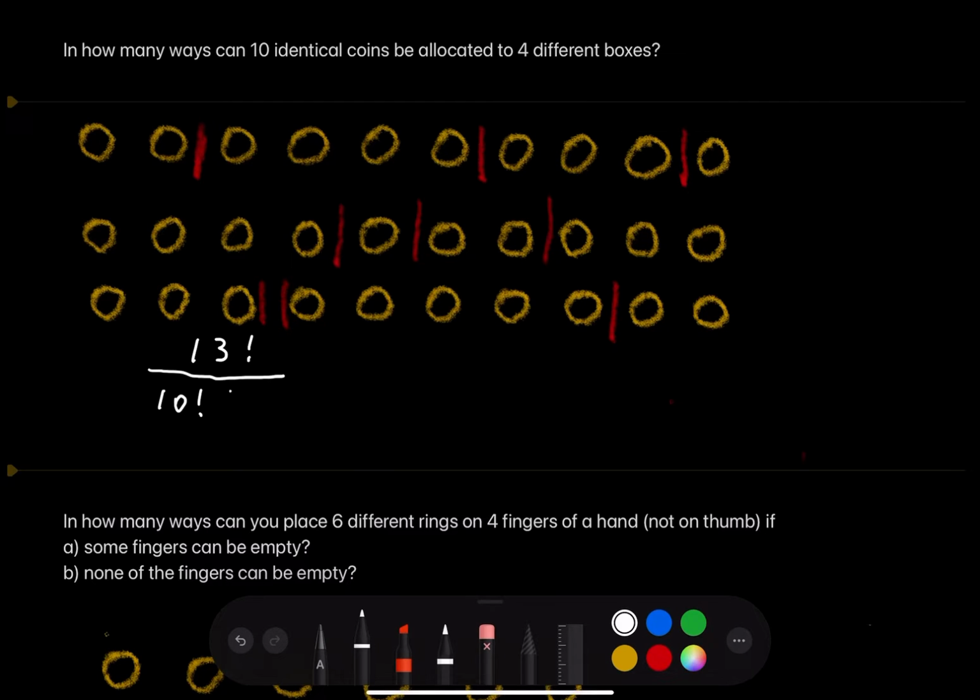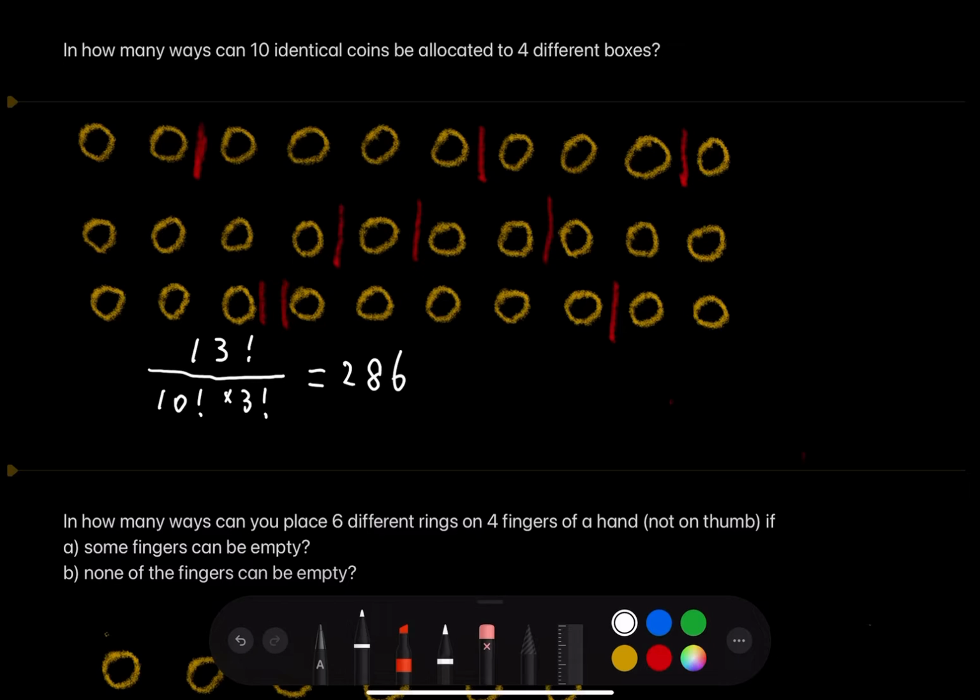So for 3 separators, there will be 3 factorial ways of arranging them, so I'm going to remove that order. So then in the end, this is my answer. Altogether, I have 286 ways to allocate the 10 coins into 4 different boxes.